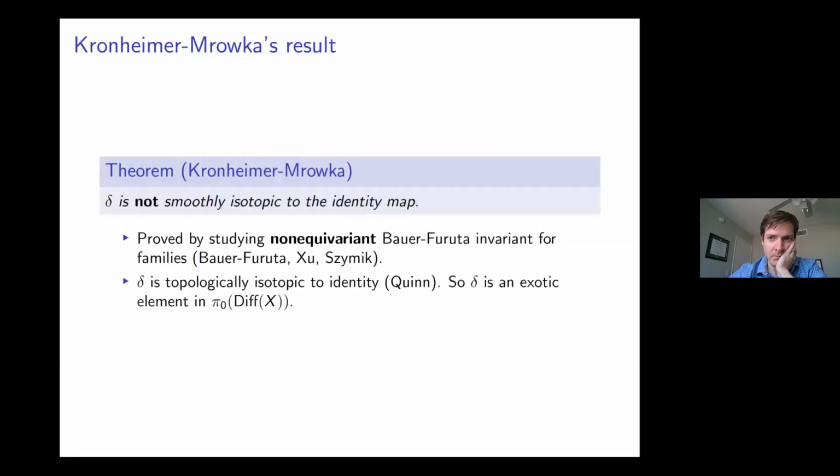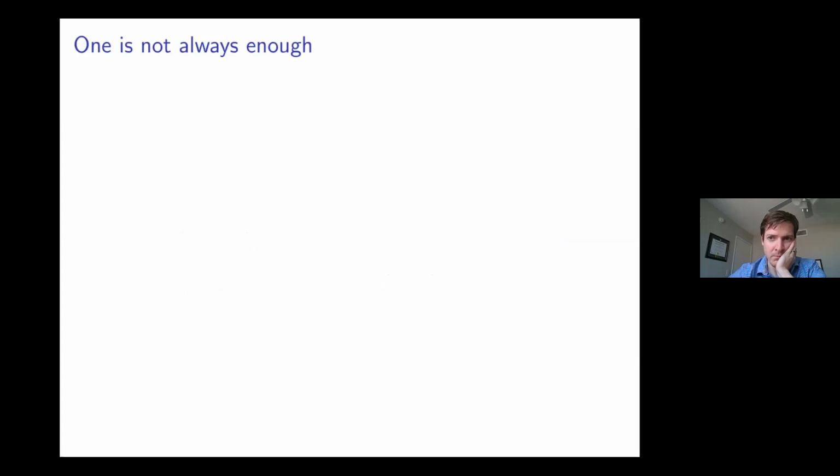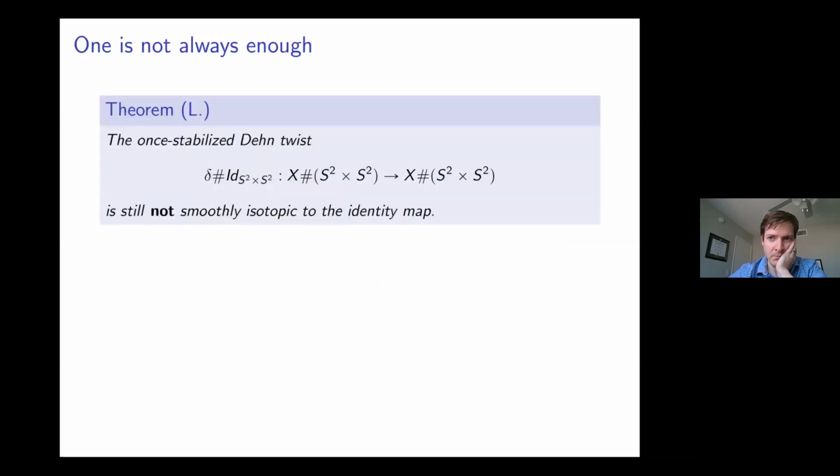It's a natural question to see what happens if you do stabilization on this delta. By Quinn's and Perron's theorem, we know that if you do sufficiently many stabilizations, delta will eventually be smoothly isotopic to the identity map. Now we're ready to give the statement of the main theorem.